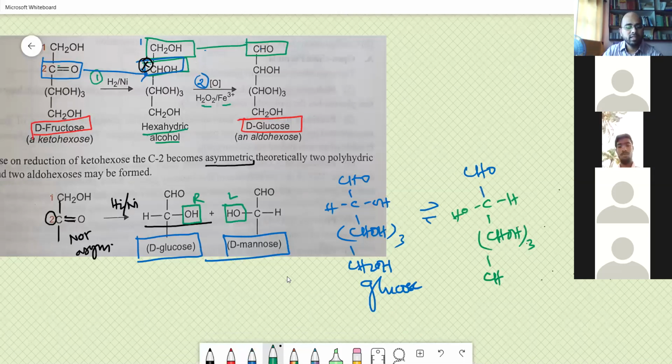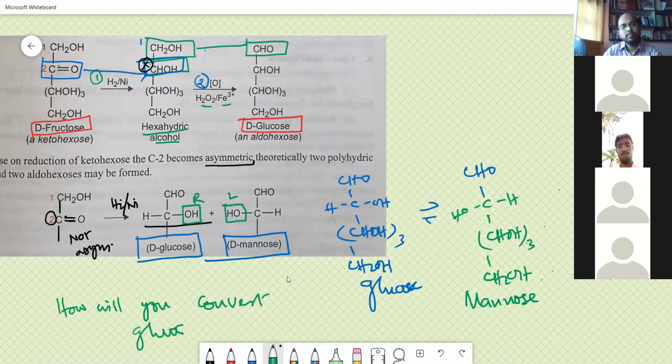How will the question be asked? How will you convert glucose to mannose? Right? Question. Answer is you will use glucose, react it with hydrogen and nickel.